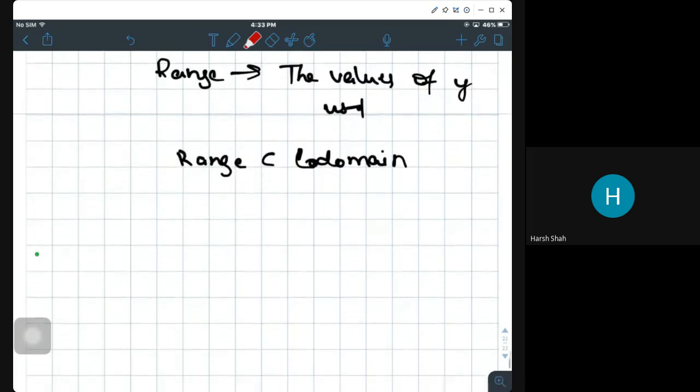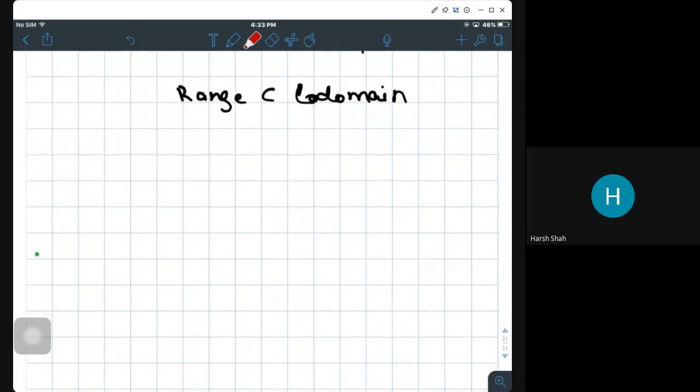Now after this, we have some types of functions. One-one, or injective. One-one is the injective function.